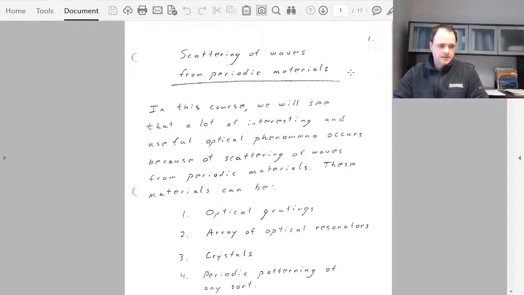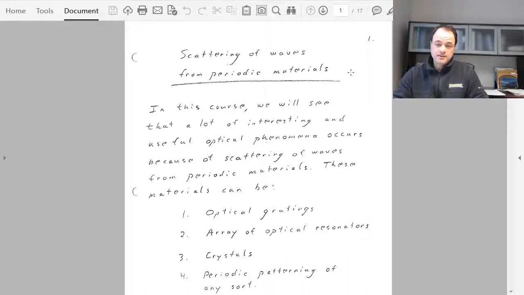Certainly within this course, we talk about patterned materials, and almost all the time those patterns have periodicity. Whether they're an array of resonators or split ring resonators or metallic features, the periodicity itself can cause very interesting and also useful optical phenomena.